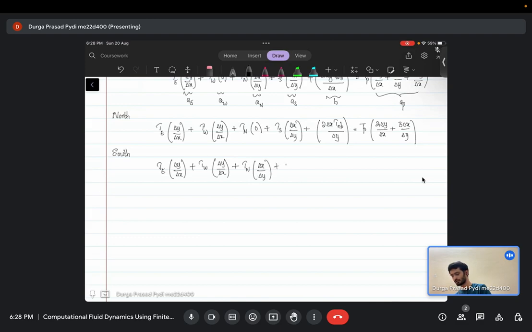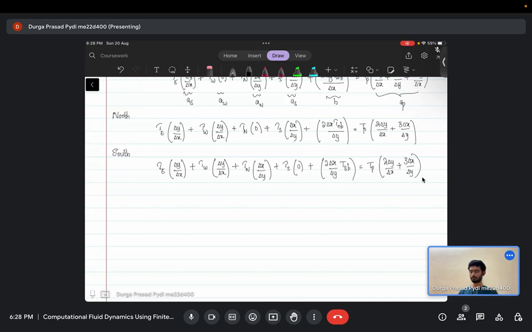Now since it is on the south boundary, I won't have any coefficient from this, but the term will be added to the constant. So 2 delta x over delta y times south boundary value equals TP. The value of AP will essentially be the same for both the north and south boundaries here.